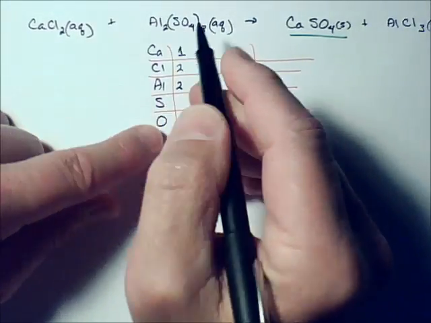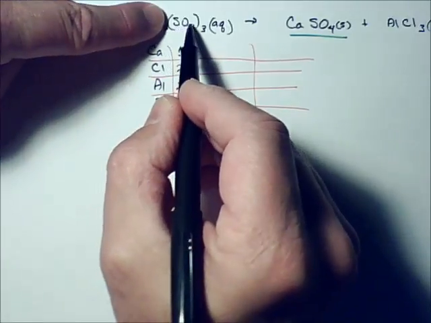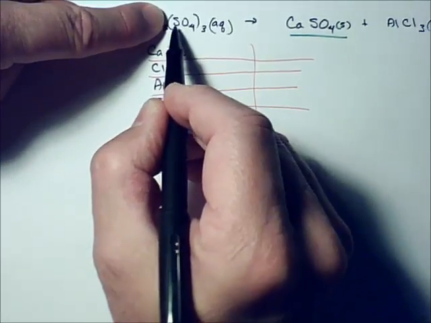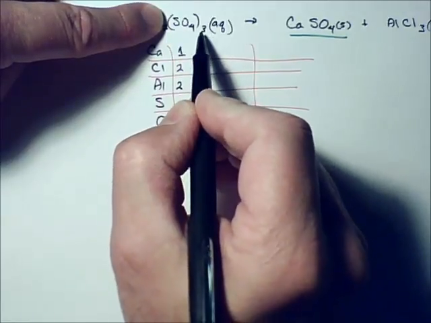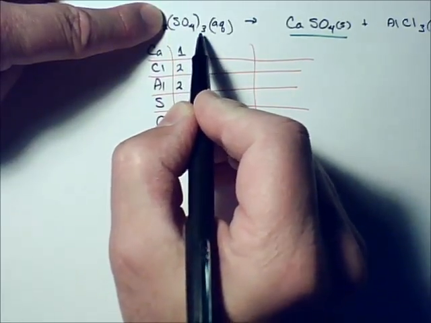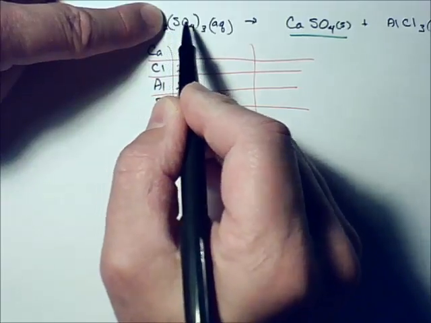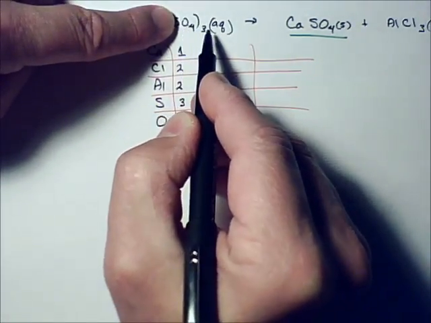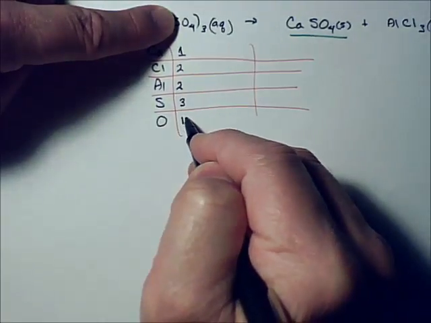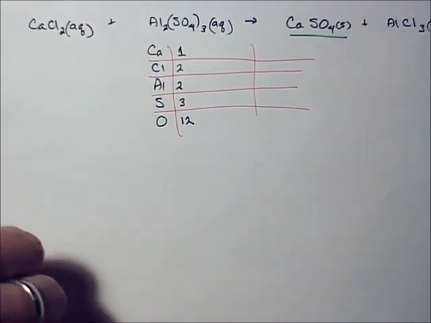This subscript 2 means I have 2 aluminums. Now, this sulfate ion has 1 sulfur in the formula, but it's inside parentheses with a 3 outside. So that 3 is multiplying everything inside. So the 1 sulfur times the 3 is 3 sulfurs. The 4 oxygens times the 3 is 12 oxygens.